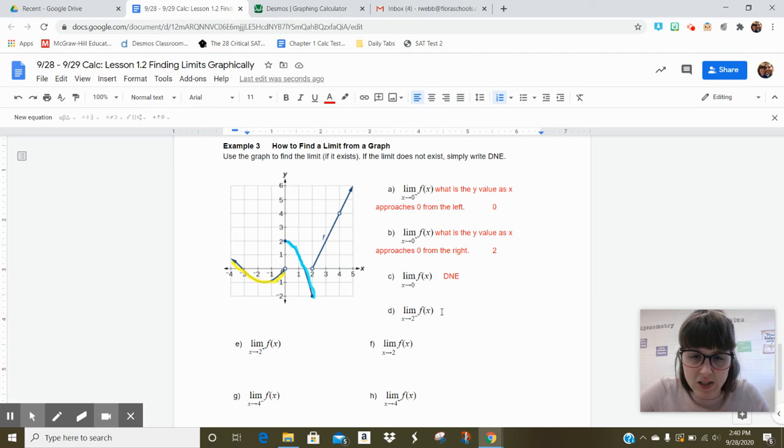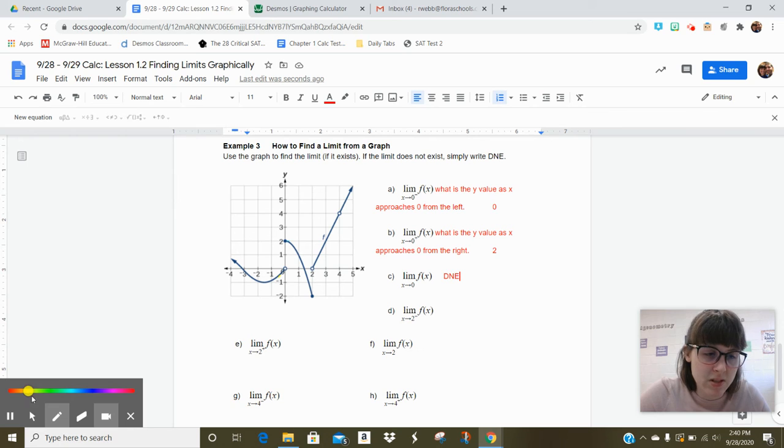Now for part D, so let's see if we can erase these little marks here. For part D, it says, find the limit of f of x as x approaches 2 from the left. So approaches 2 from the left. So here's x equals 2. We want to approach it from the left.